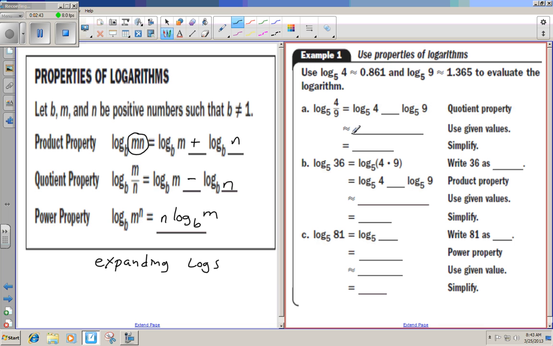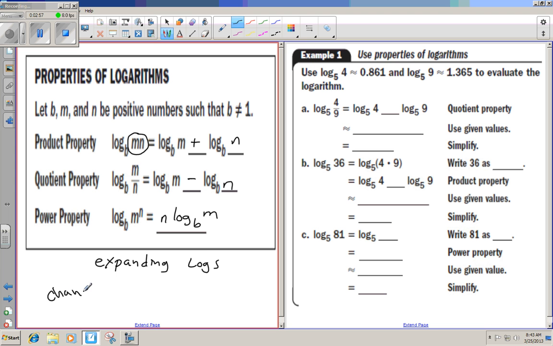So let's check out these examples. Log base 5 of 4 over 9. Now I know that we've talked about change of base already, and I know I've said that you can rewrite things.